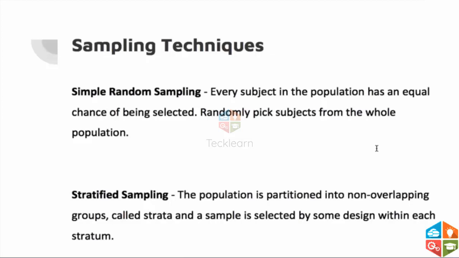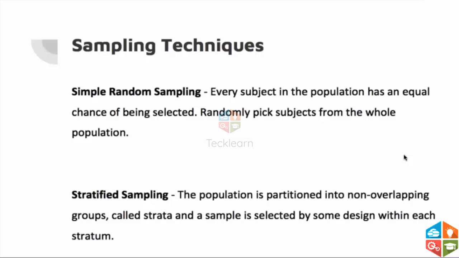From each of the 11 schools, 20 students have been sampled. So my sample data set would be 11 times 20, that is 220 sample students. That is basically stratified sampling.